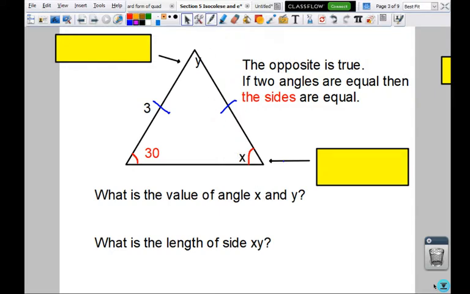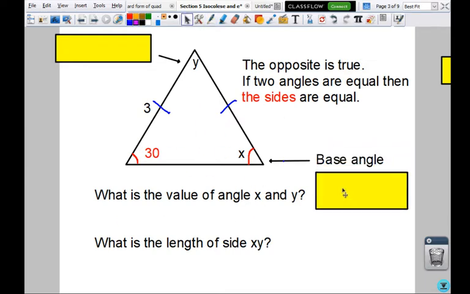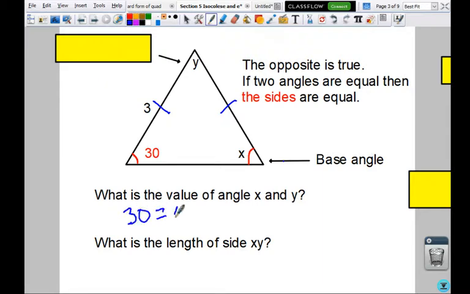So if I'm looking at this triangle, y is inside here, x is this one right here. 30 and x are congruent because they are what are called the base angles of my isosceles triangle. The base angles are the two that are the same. They happen to be on the bottom, though they aren't always. Sometimes these are rotated around. So my two base angles are the same, so angle 30 is going to equal x.